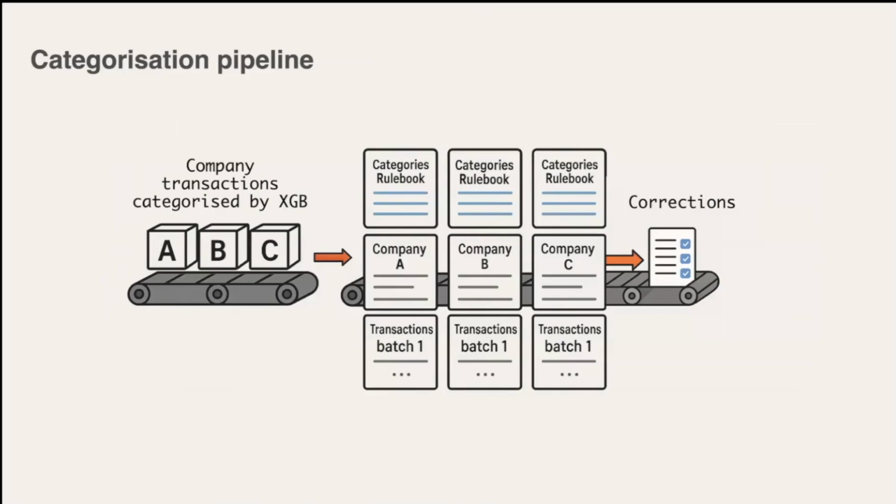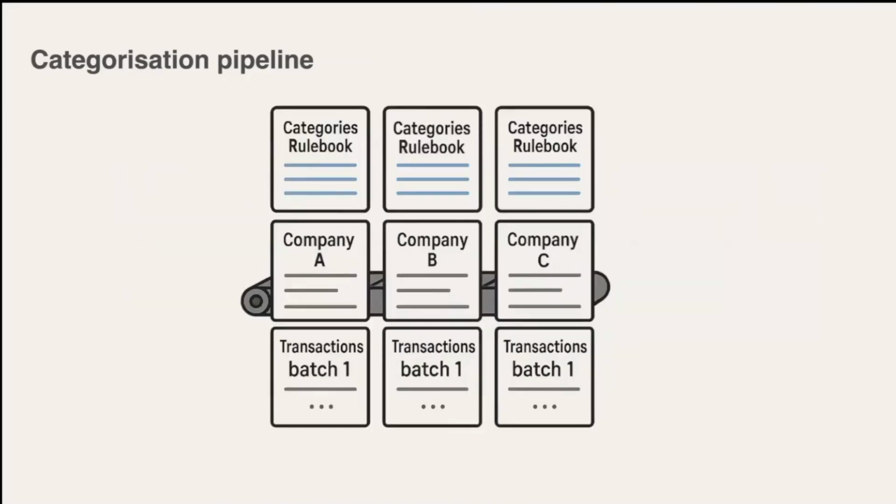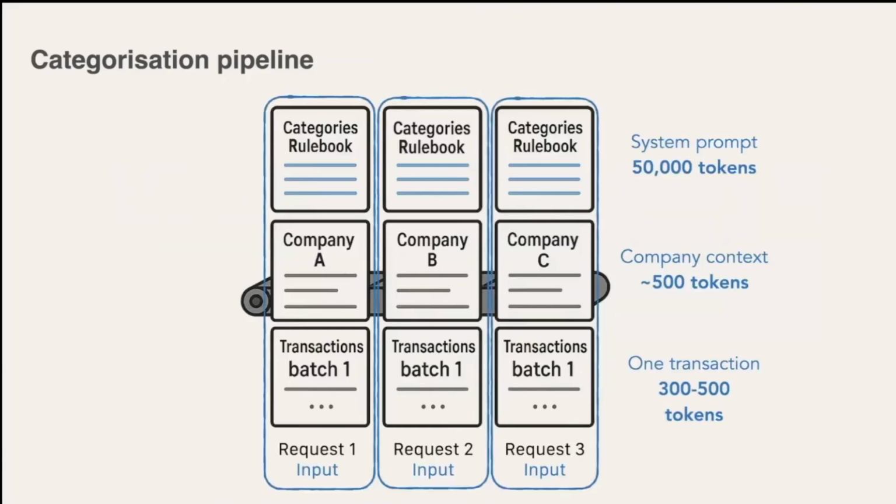Each request contains a system prompt, which is a categories rulebook in our case, company context about this client, so a list of directors, a list of employees, the data we parse from Companies House and some other public resources, the description of the nature of business taken from KYB, and the transaction batch. And this forms the input.